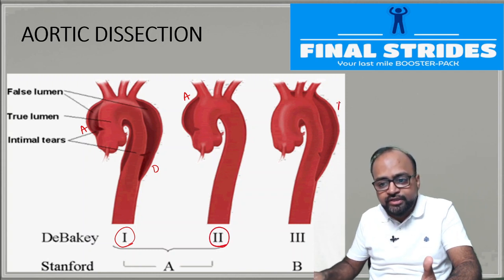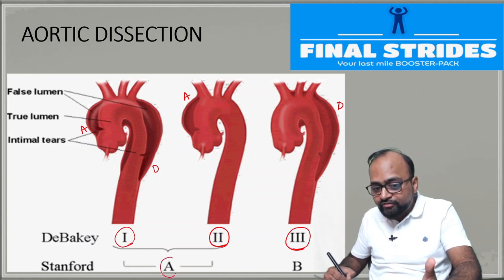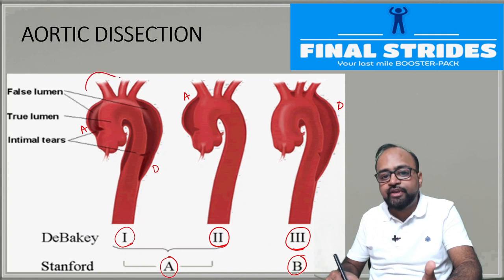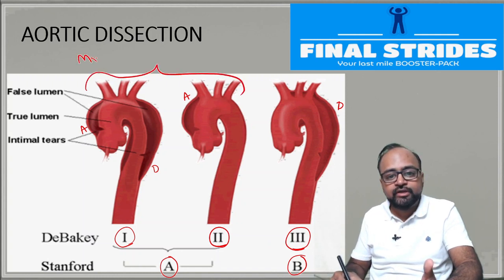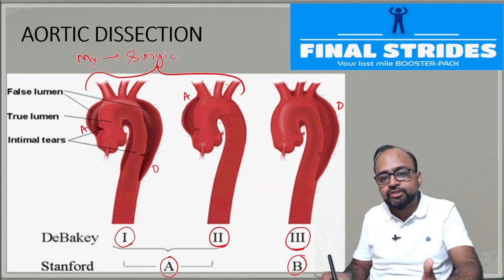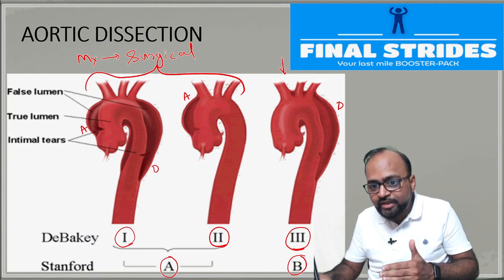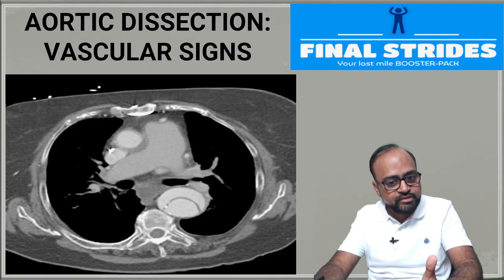If only the descending aorta is involved, it is called DeBakey 3. DeBakey 1 and 2 together are called Stanford A and DeBakey 3 is Stanford B. This makes more sense because I just told you whenever the ascending aorta is involved, the management is always going to be surgical. Whereas if the ascending aorta is not involved, as in this case, the management can be conservative. Okay, so that is about DeBakey and Stanford classification system.